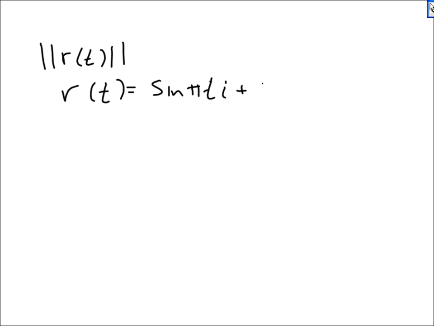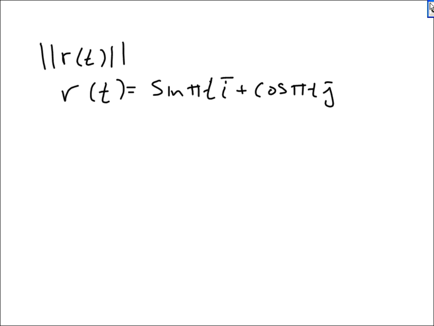Here they want us to find the magnitude of r of t. Suppose r of t is sine of pi t in the i direction plus the cosine of pi t in the j direction.